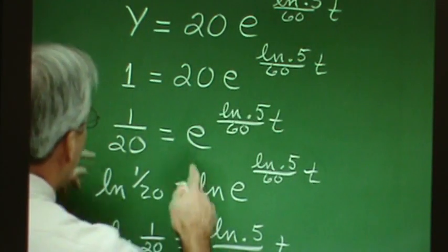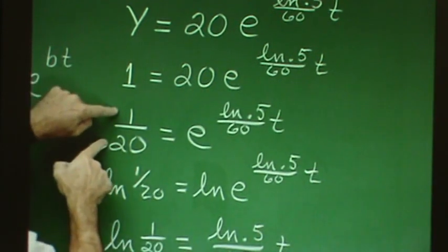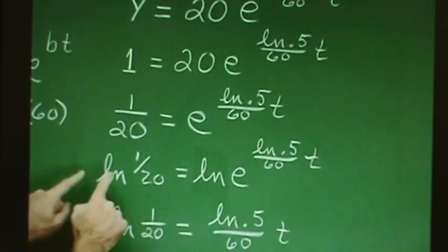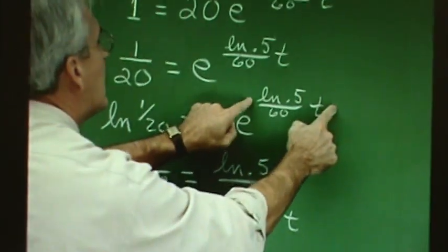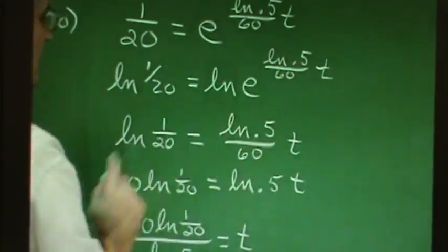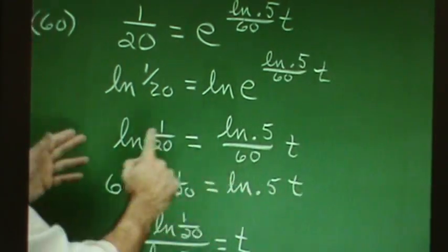So let's see, we would divide on both sides by 20 to clear this coefficient, so we would have this. And then we would jump into this exponential world by using logarithms, ln on both sides. And then on the right side, this exponent becomes the coefficient and the ln e goes out. And now we'd like to isolate the t. One way to do it is in 2 steps.